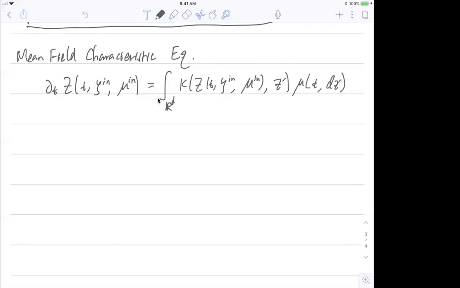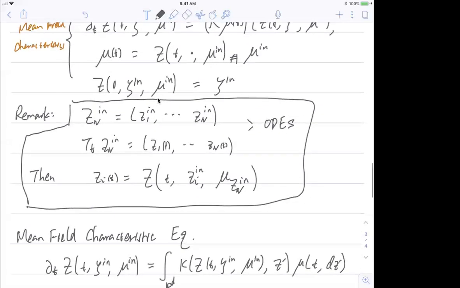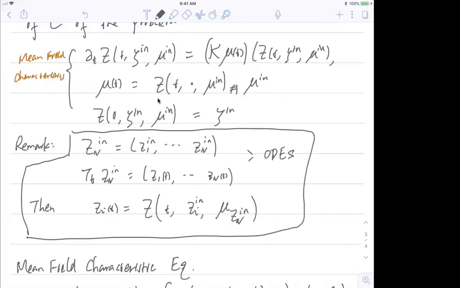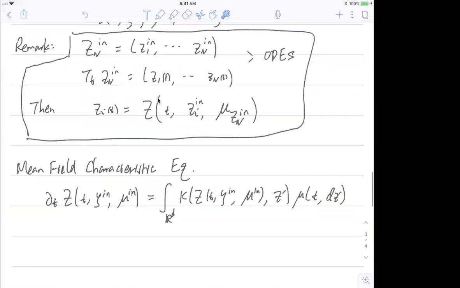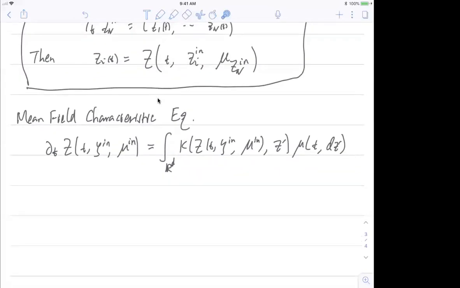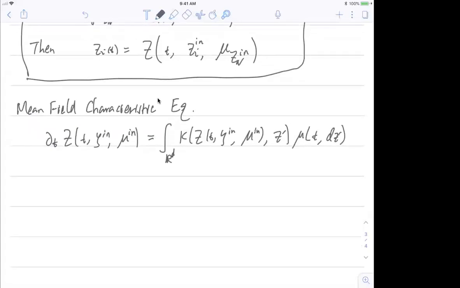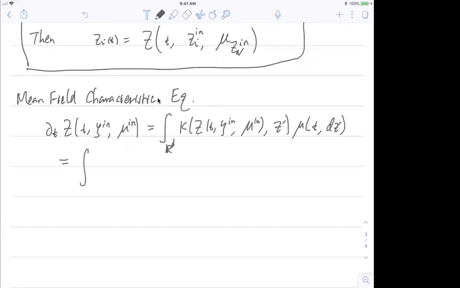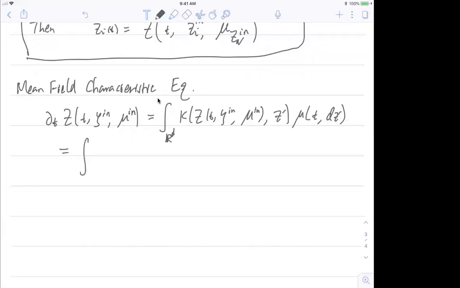This is the first equation. I just rewrite the integral operator here as we just explained. But we can use the second equation: mu_t is the push forward measure under the flow itself. So we can use the change of measure formula.